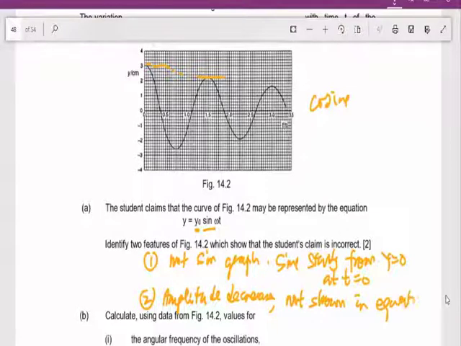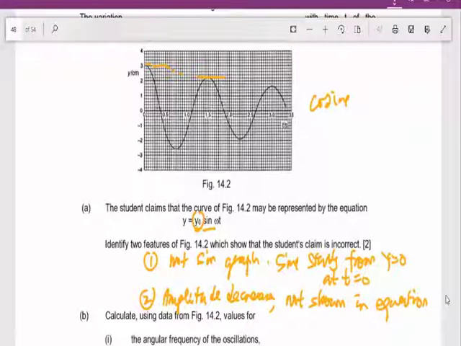Now, in reality, there should be some kind of exponential decay term here. You don't have to know this, but you just know that this equation tells you that it is a sine curve and the amplitude is constant. Okay, but in reality, this graph has a decreasing amplitude. So this is not correct.